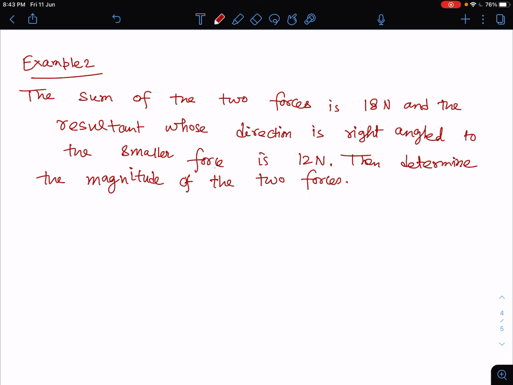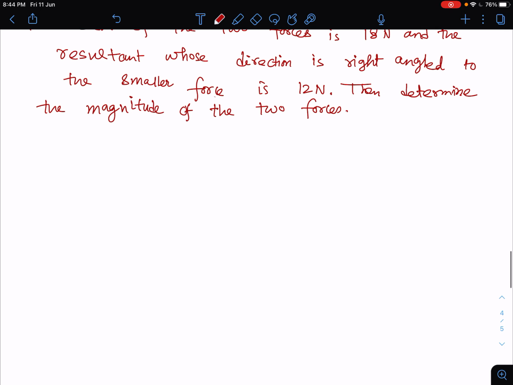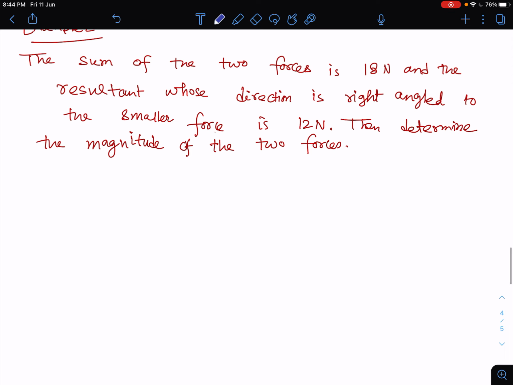In the second example, the sum of the two forces has been given, and it has also been given that the resultant vector is at right angle to the smaller force, and the magnitude of the resultant force is 12 Newton. Then you need to determine the magnitude of the individual forces. So let us draw this diagram.